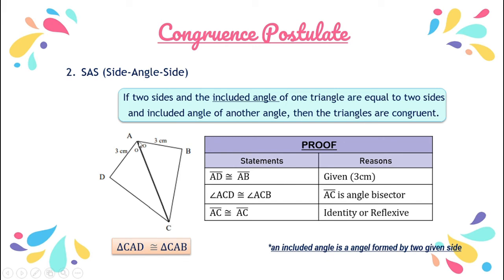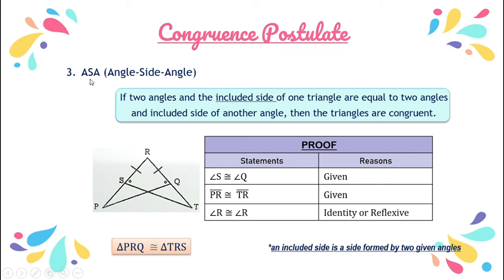What is angle bisector? Angle ACD congruent with angle ACB. And segment AC congruent with segment AC. Why? Because identity or reflexive. So, side, angle, side.